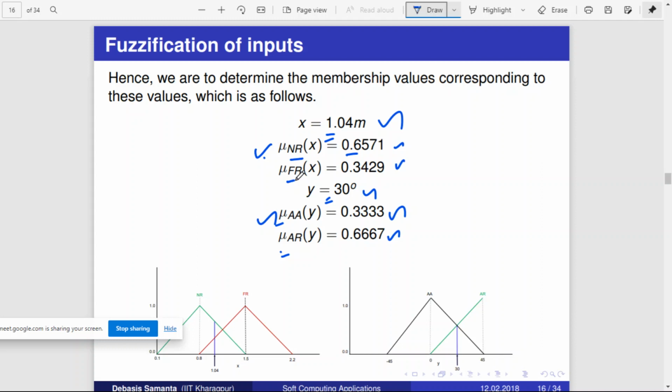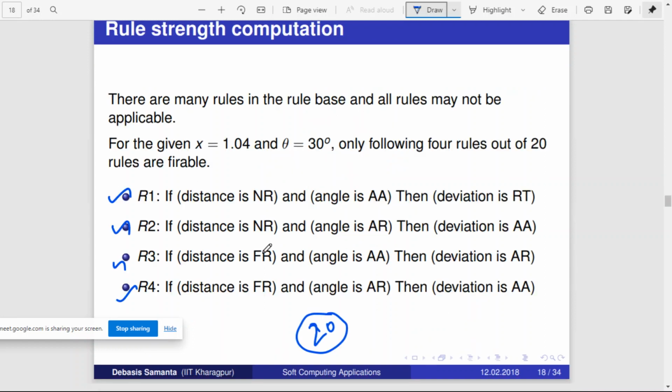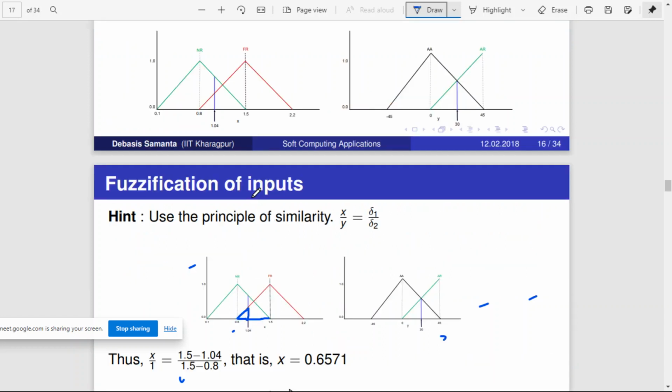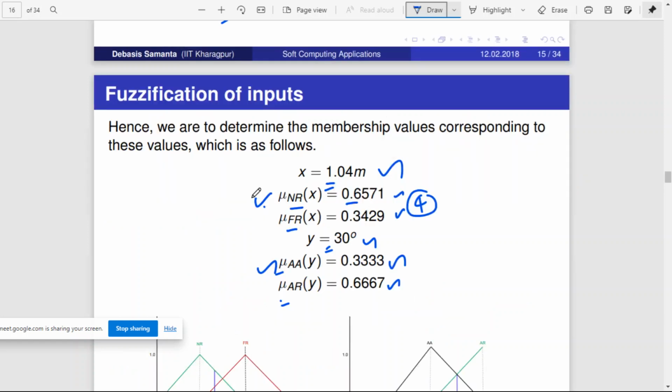So these are the four possible rules it can fire for this input. Totally the rule base contains 20 rules, but in our case all the 20 rules will not fire. Any one of these 4 rules will fire. So what is the rule? First combination is NR and AA, then NR and AR.